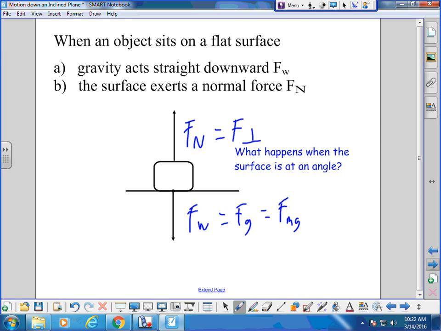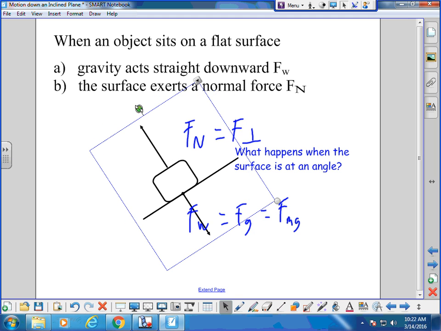F perpendicular is the other one that they use, okay? The question is, what happens when the surface is at an angle? If I take this picture right here, and I go like this, what happens? Well, you'll notice that I turned the whole thing, right? But gravity always acts down. So that one sort of changes.